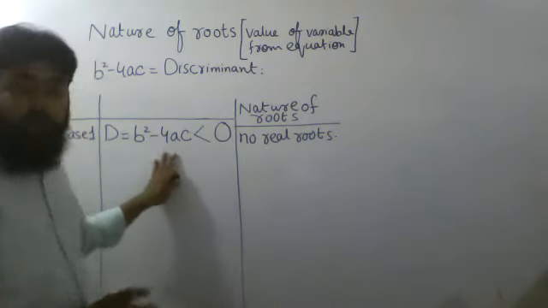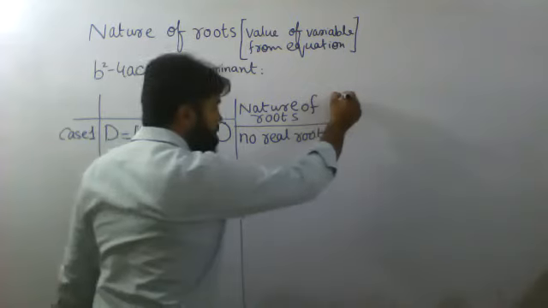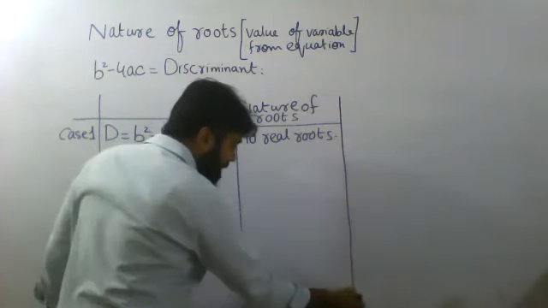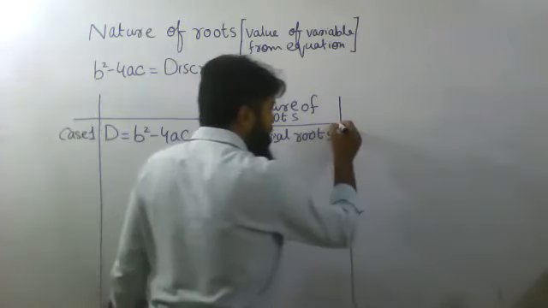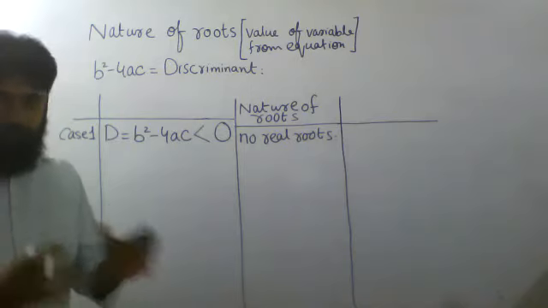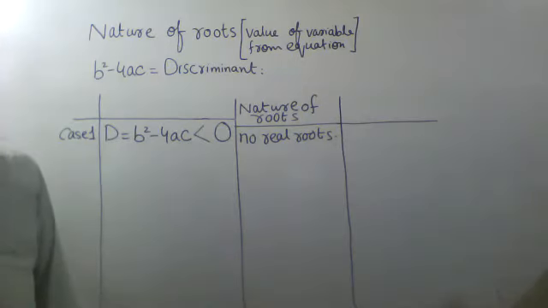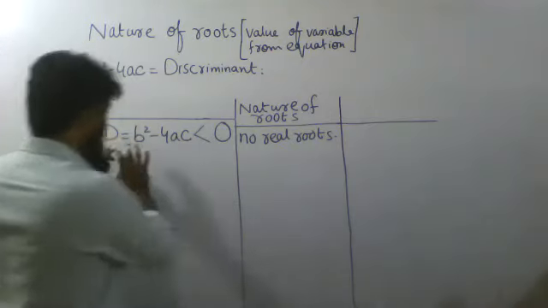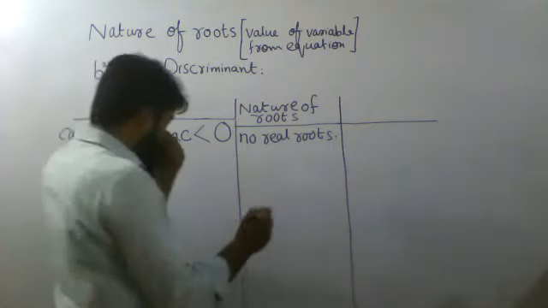Okay, and we are talking about quadratic equations right now. So when we are talking about quadratic equations, we always have a graph. For a quadratic equation, we always get a graph. So what kind of graph are you going to get when your discriminant is lesser than 0?